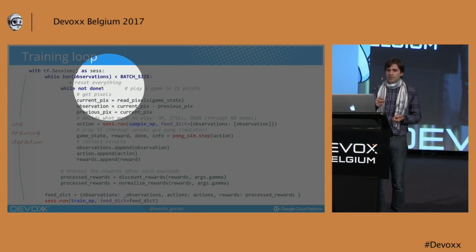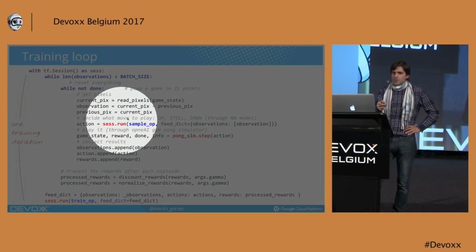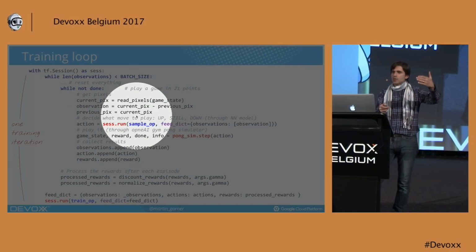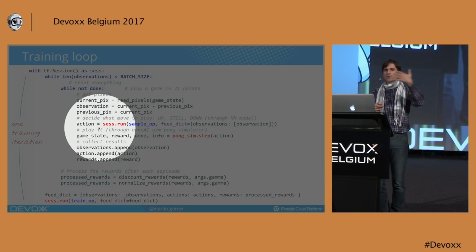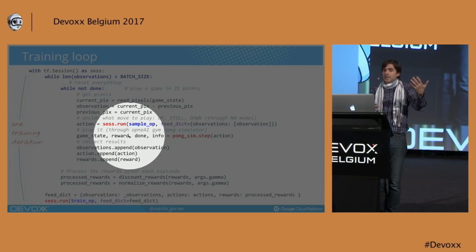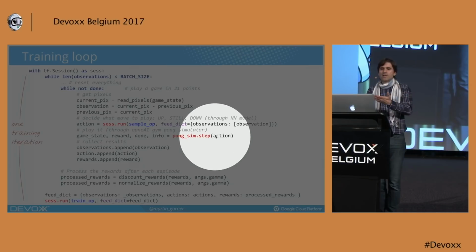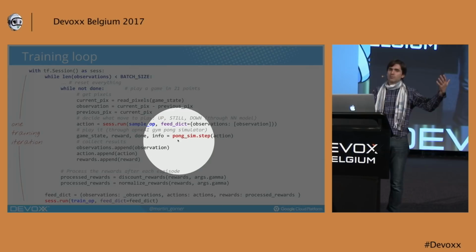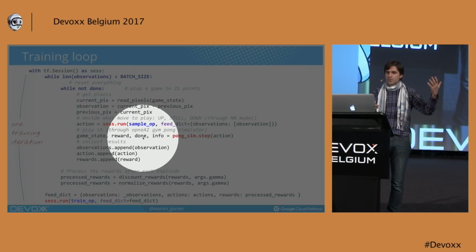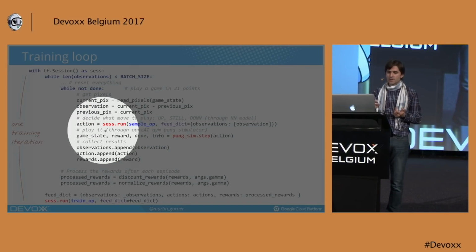This here is one game. We initialize the game state. We read the pixels to compute the difference between two frames. Then we use our neural network to predict the next step, and we use the sampling operation to sample from the predicted probabilities and obtain the next step. And we call our Pong simulator with that action so as to obtain both the next board state and also the rewards, and the information about whether we are done, whether the game is finished or not, and so on.